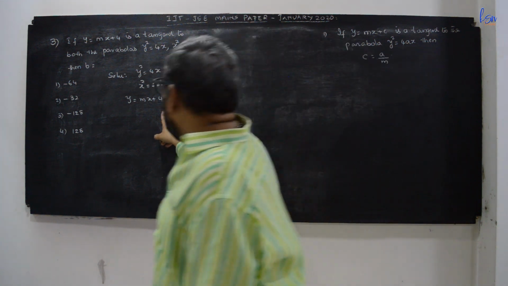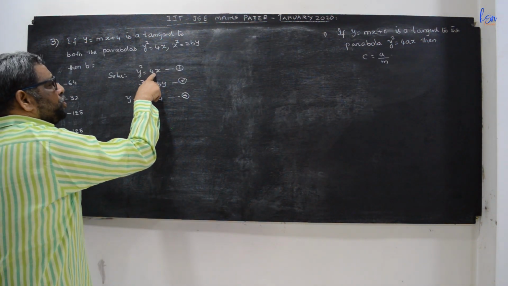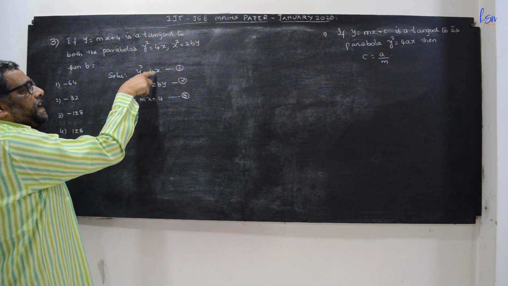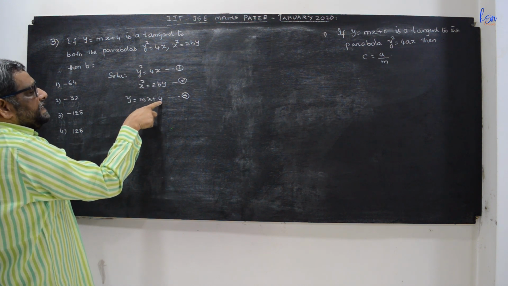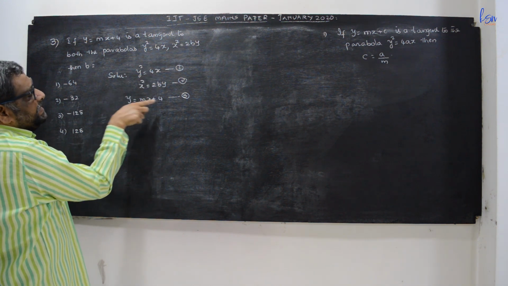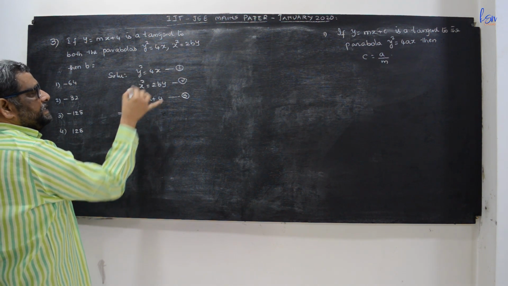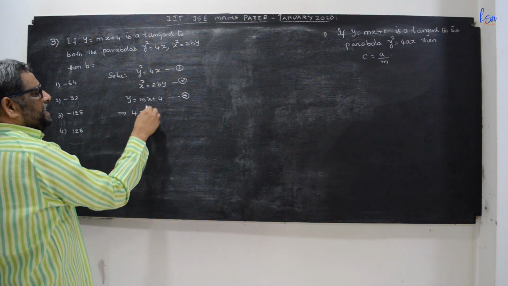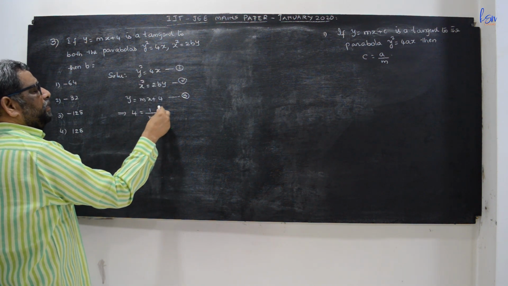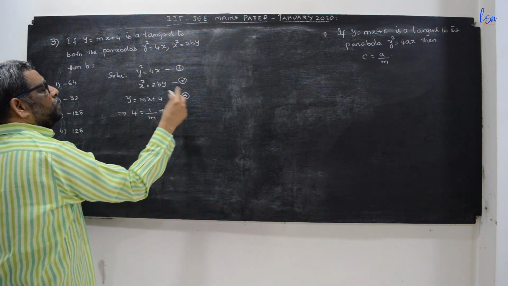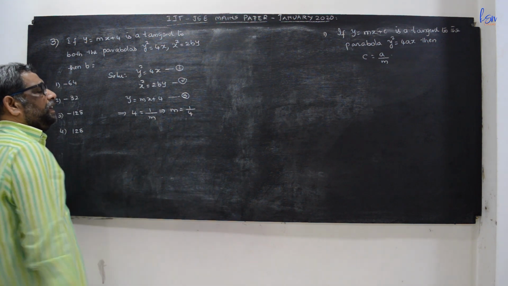Applying this formula here, a is equal to 1 because y square equal to 4ax, a is equal to 1, c is equal to 4. So since it is a tangent, you can take c is equal to a by m, 4 is 1 by m, implies m is equal to 1 by 4.